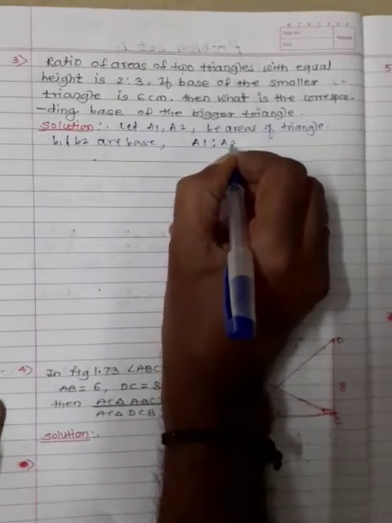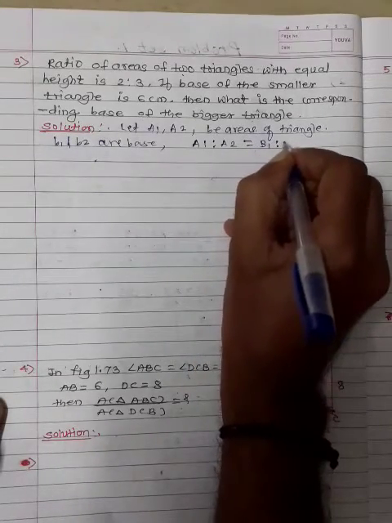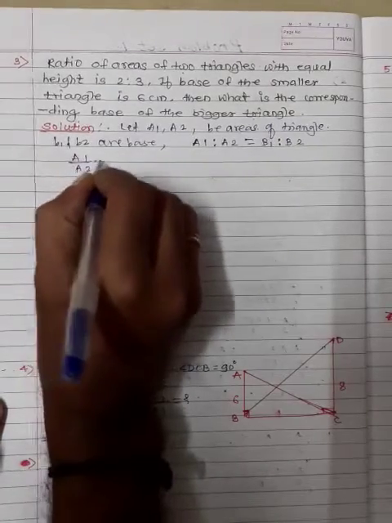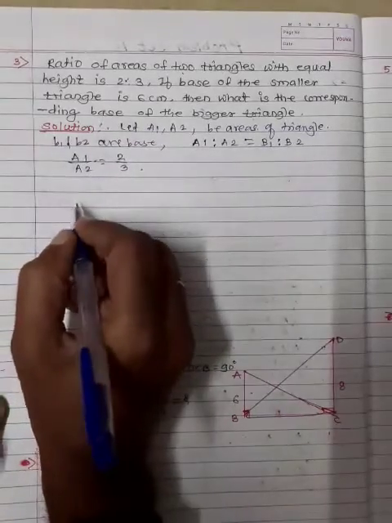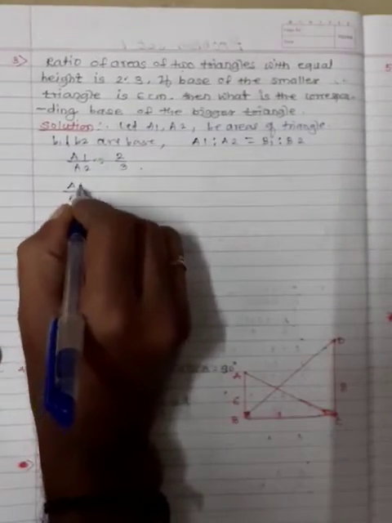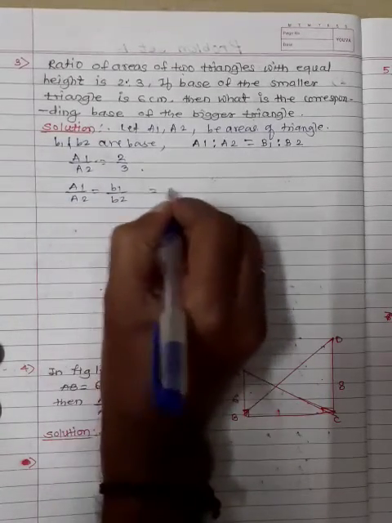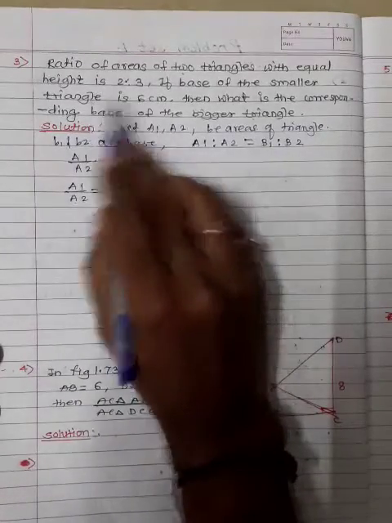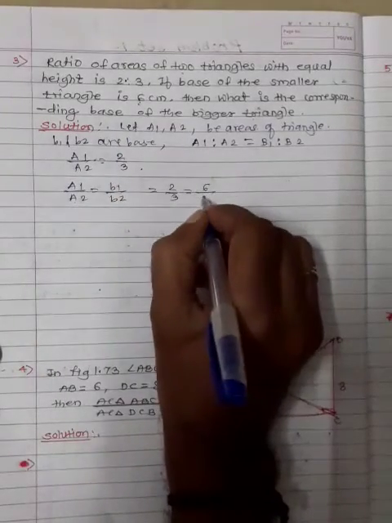Area 1 upon area 2 is equal to base 1 upon base 2. A1 upon A2 is equal to 2 upon 3, which is equal to B1 upon B2, where the smaller triangle's base is 6, so 6 upon B2.